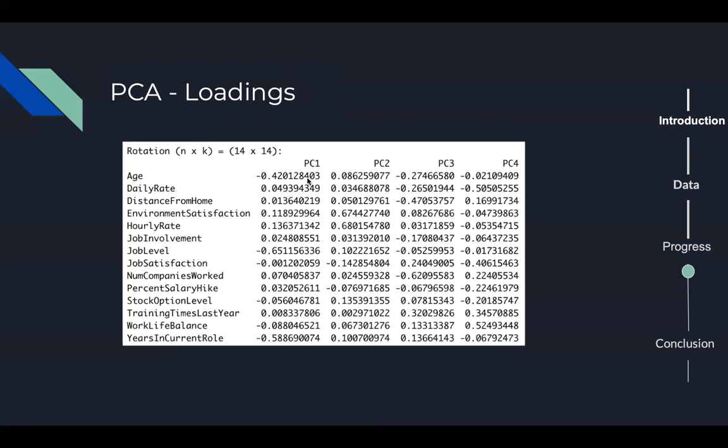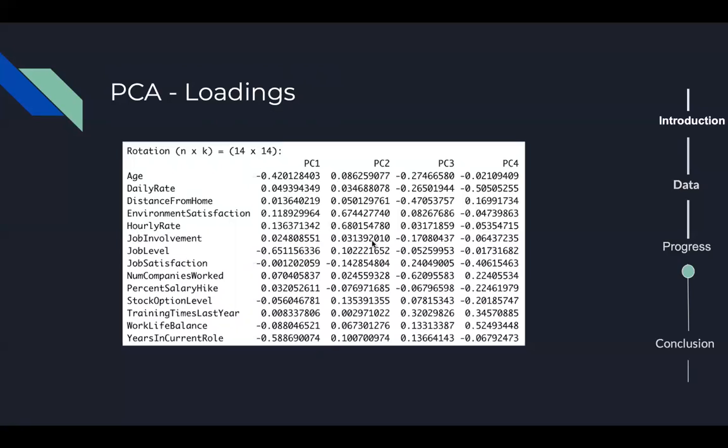For PC1, we can say the employees who are at a younger age, who work at a lower job level, and who have worked in the current role for fewer years are likely to leave, meaning it strongly contributes to attrition. In PC2, only two of them contribute strongly: hourly rate and job involvement.